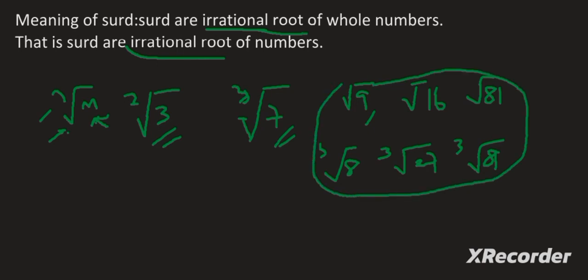But this one here will give an irrational value, and the one that gives an irrational value is called a surd.